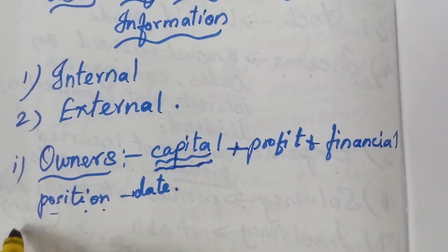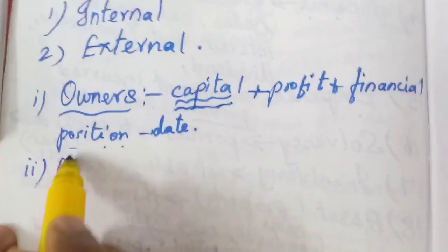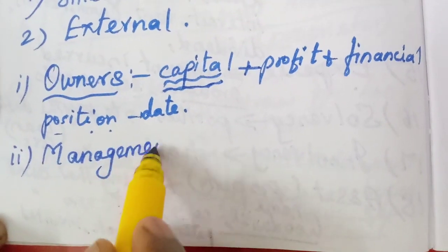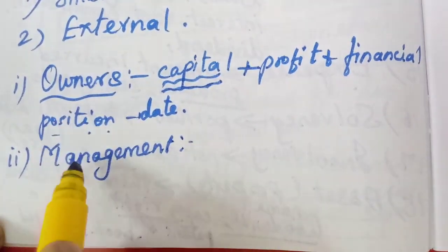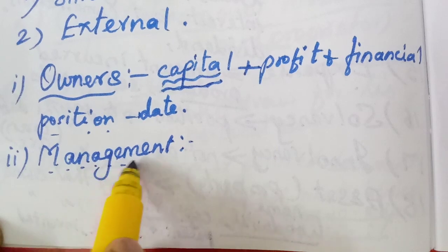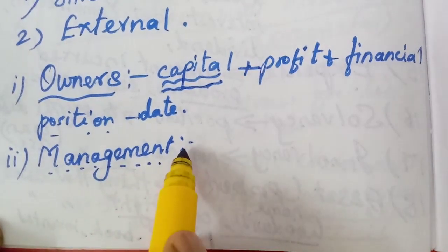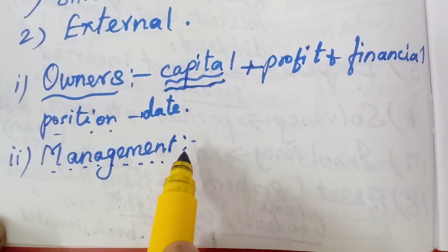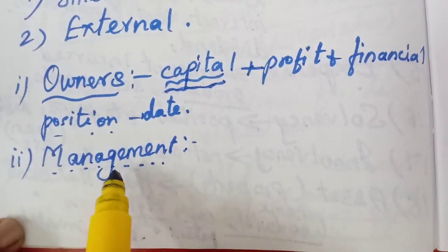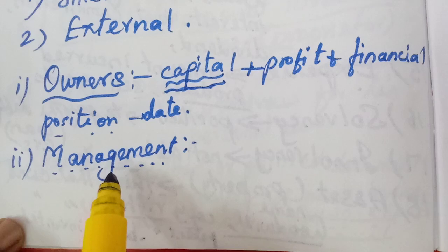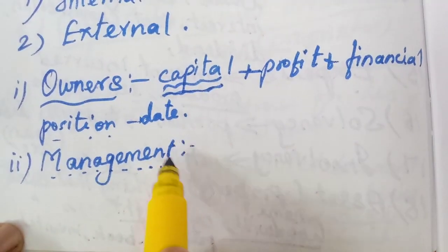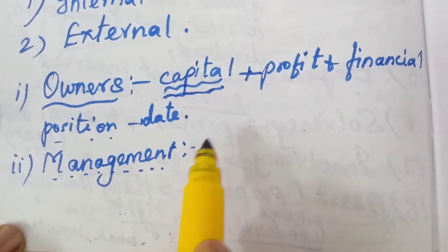Then the next user is management. Owners will appoint some persons as managers, or supervisors, maybe foremen or directors, whoever it may be. So these people will manage the organization. So why should they need this financial information?